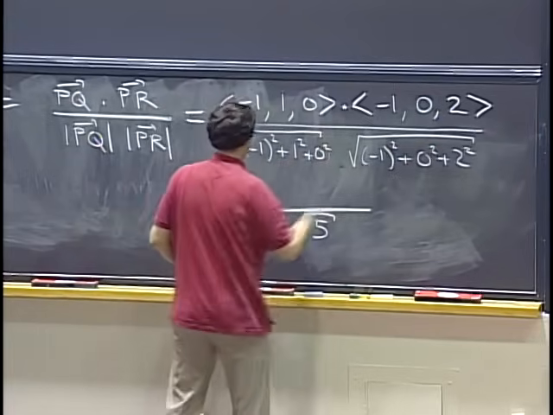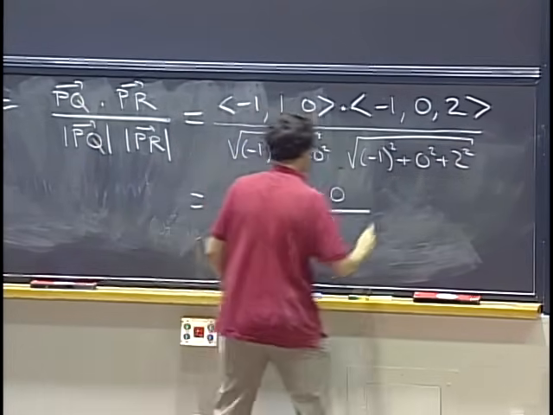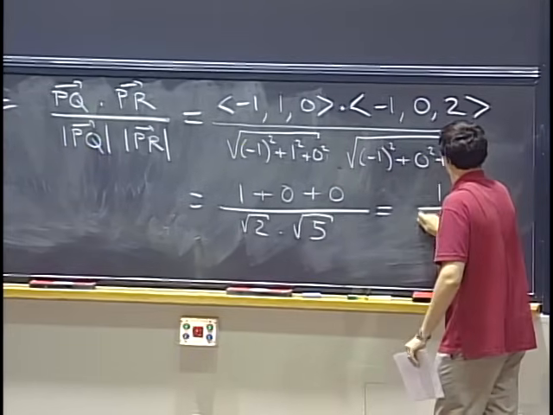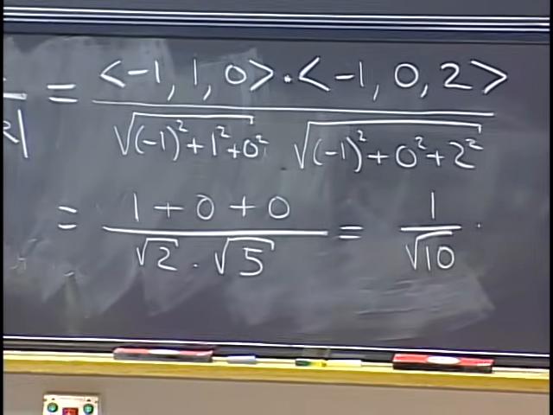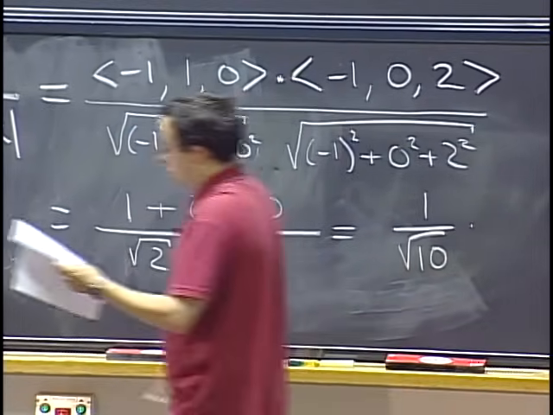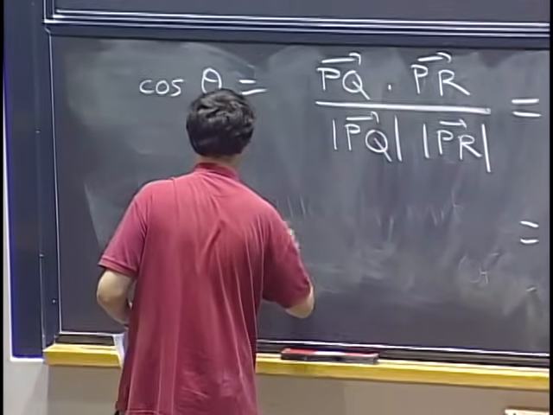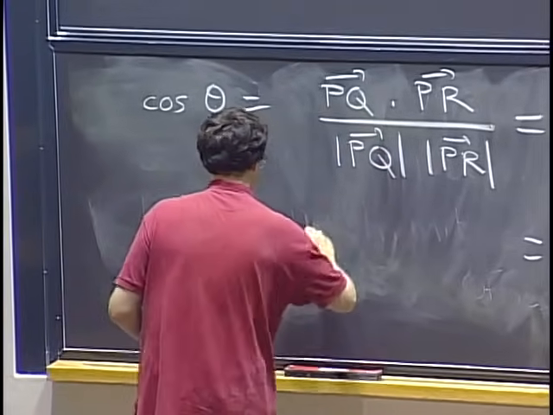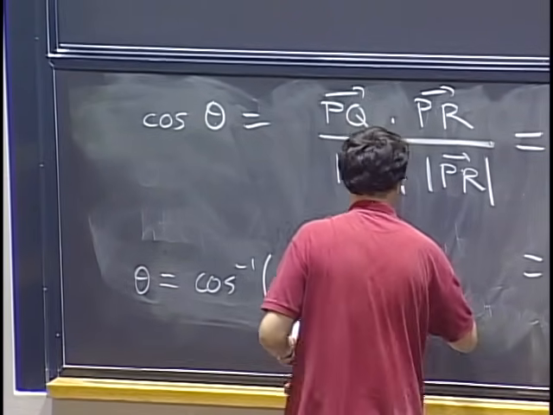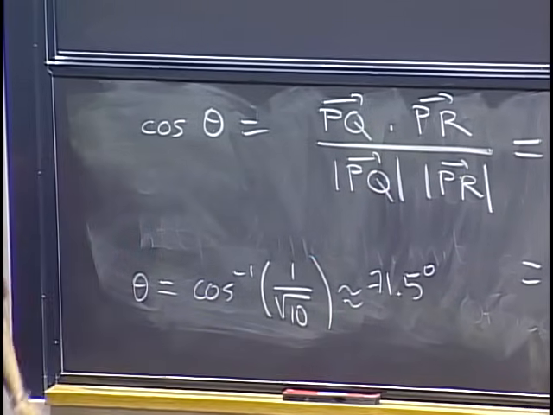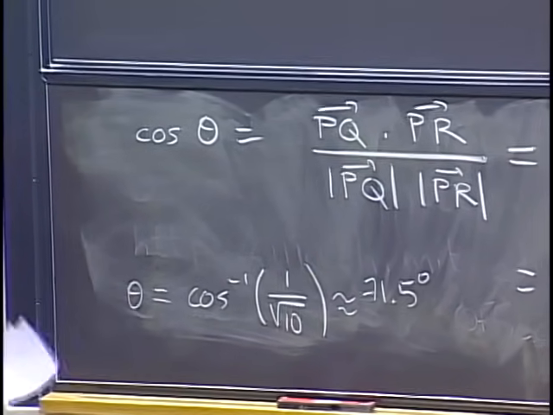Plus 1 times 0, that's 0. 0 times 2 is 0 again. So we will get 1 over square root of 10. Okay? That's the cosine of the angle. And of course, if we want the actual angle, well, we have to take a calculator, find the inverse cosine, and you'll find that it's about 71.5 degrees. Actually, we'll be using mostly radians, but for today, I mean, that's certainly a more speaking answer.